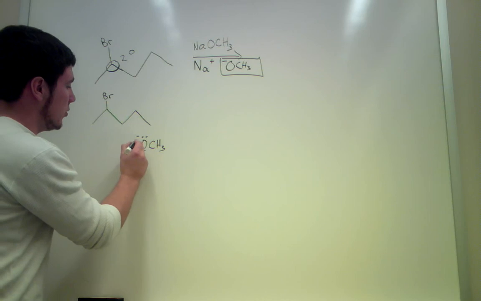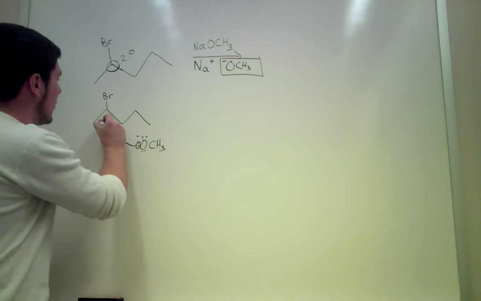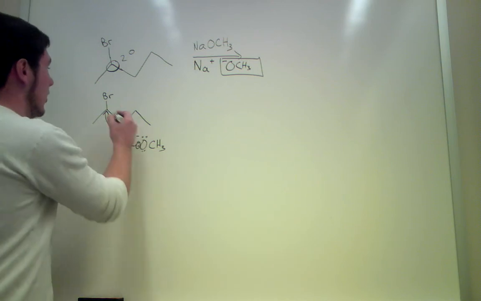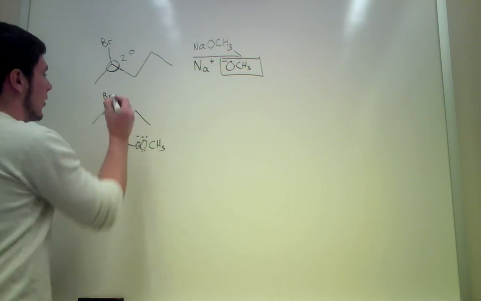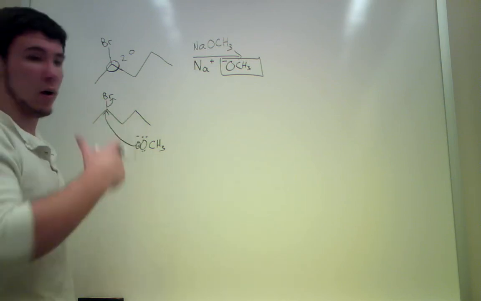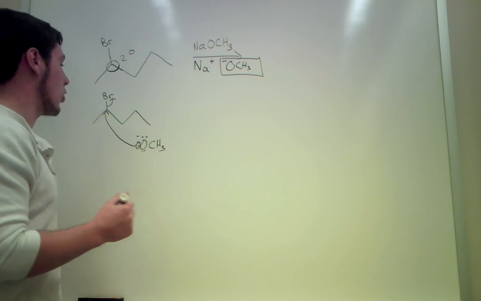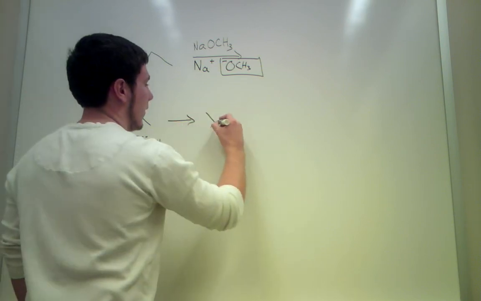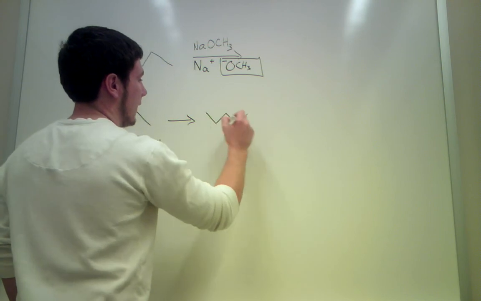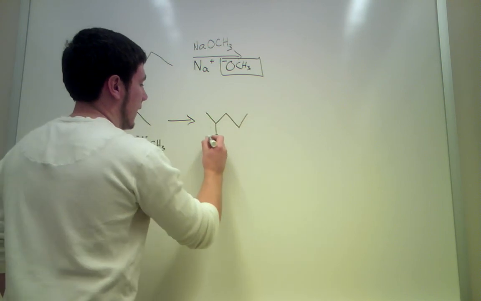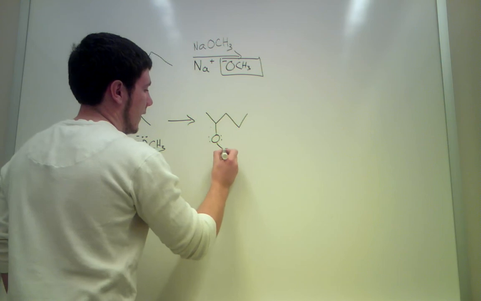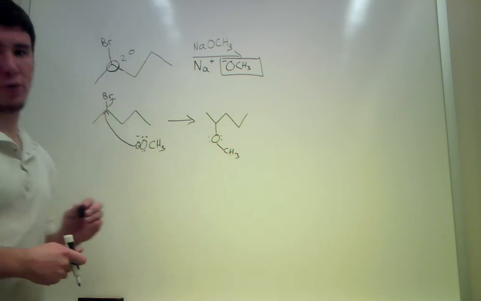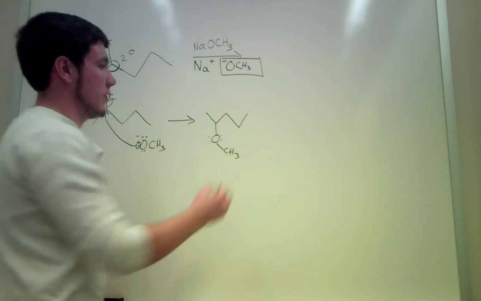So these two electrons here are going to come up and hop right on this carbon, and as that's happening, this bromine is going to pull off these electrons that were on the carbon before, and what you're going to see is that molecule right there is your product. Now this is the Sn2.